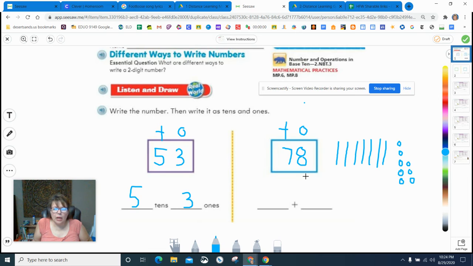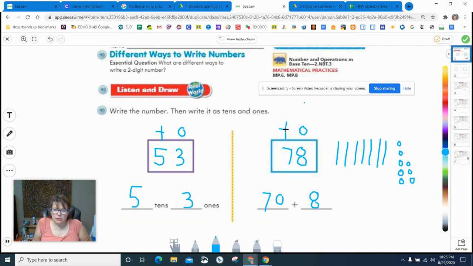So now I'm going to count by tens because the expanded form is the number sentence. 10, 20, 30, 40, 50, 60, 70. And then 8 ones, 1, 2, 3, 4, 5, 6, 7, 8. And that would be how I represent expanded form.